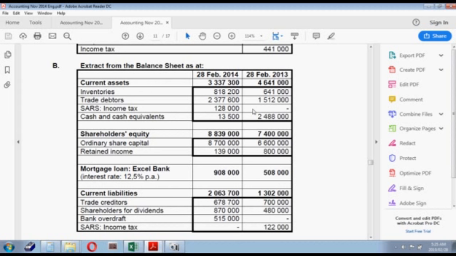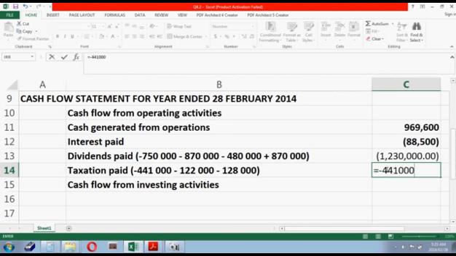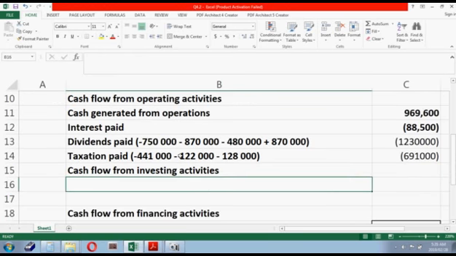SARS owes us, so we will have to subtract a further 128,000 rand. And all that now remains is to do the calculation. So we have negative 441,000 rand, negative 122,000 rand, negative 128,000 rand, for a total outflow of 691,000 rand.